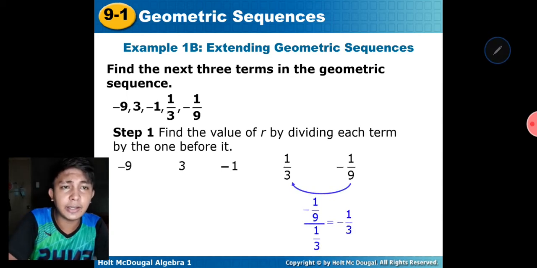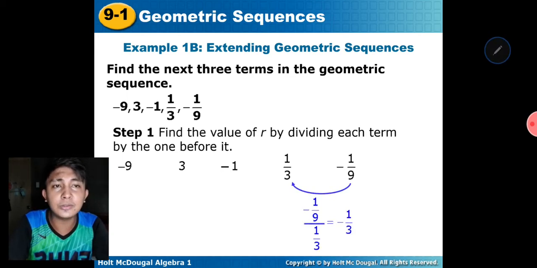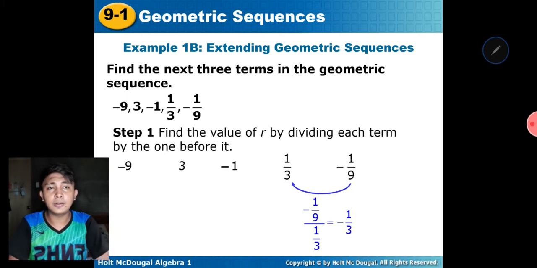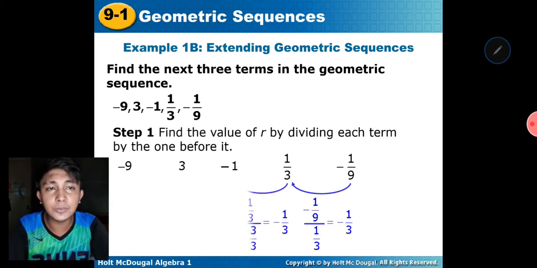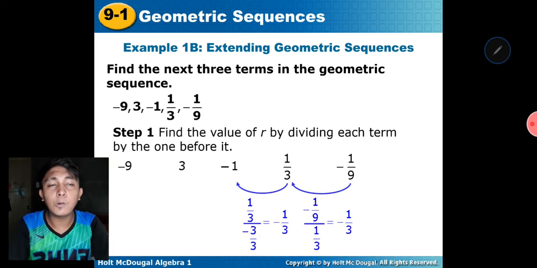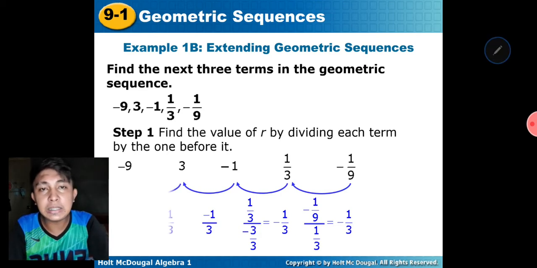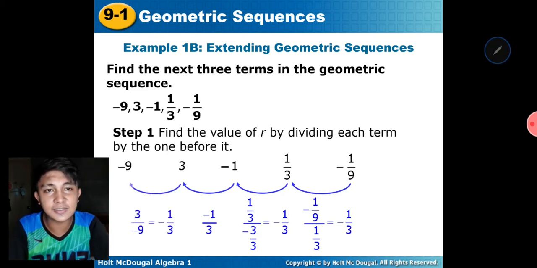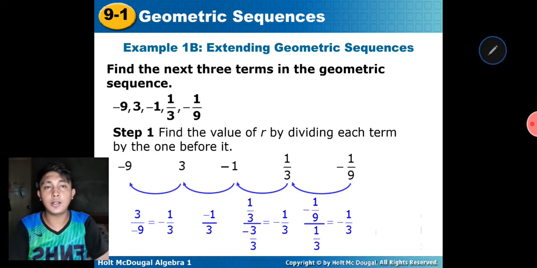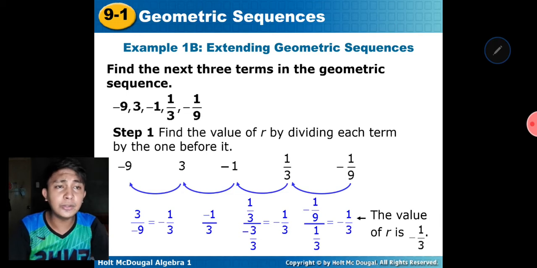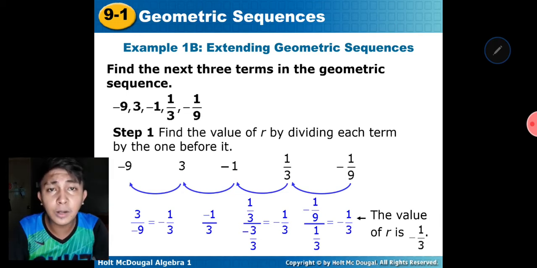Negative 1/9 divided by 1/3 is equal to negative 1/3. 1/3 divided by negative 1, that is negative 1/3. Negative 1 divided by 3 is negative 1/3. 3 divided by negative 9 is negative 1/3. So we have now a common ratio. So the value of r is negative 1/3.